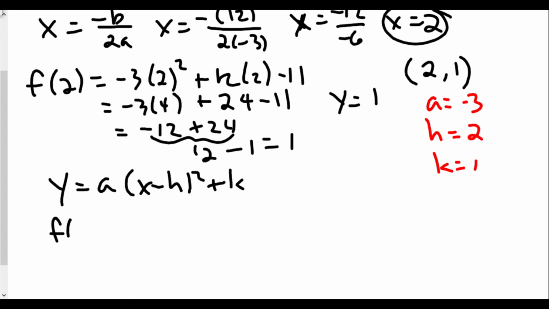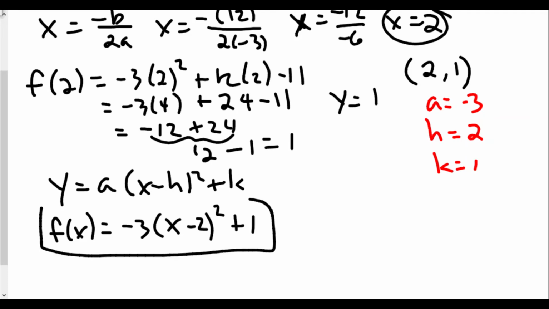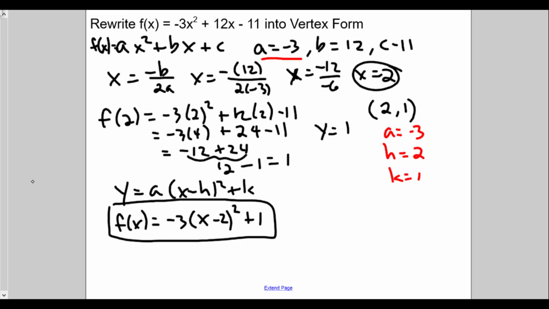So f of x equals negative 3 times x minus 2 squared plus 1. And this will be the vertex form of our original parabola up here, second question. The same exact parabola, same exact function.